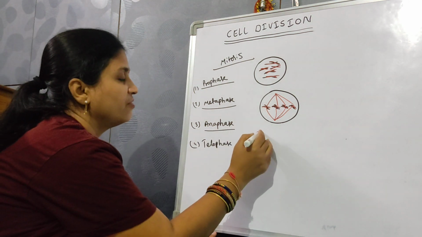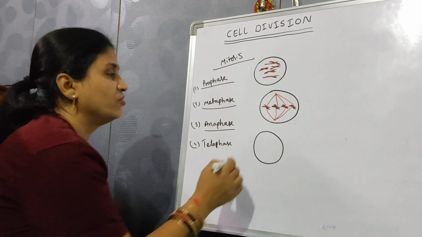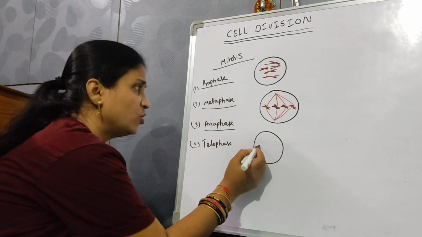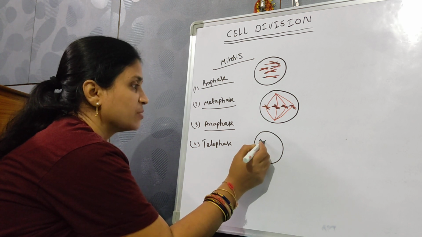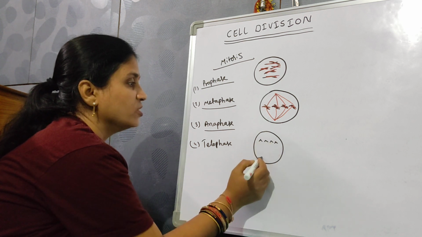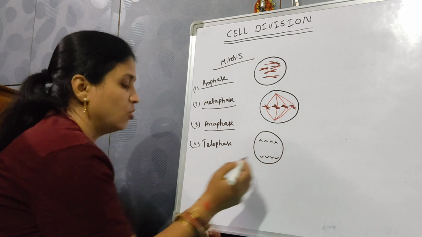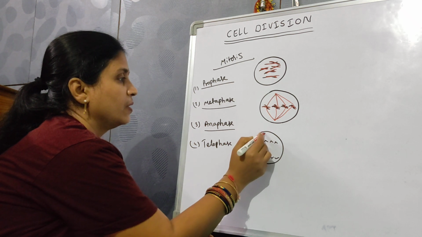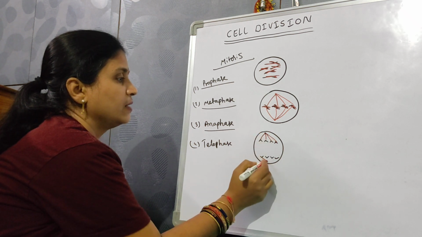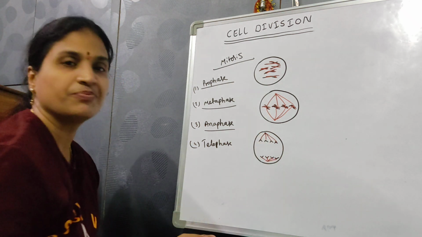What happens in anaphase? The splitting of the centromere takes place, and they move to the opposite poles. Like this, they move to the opposite poles.